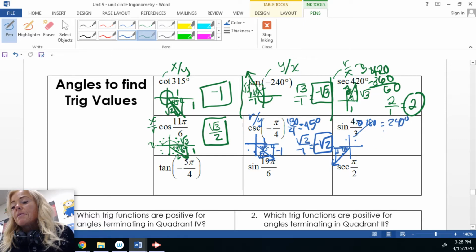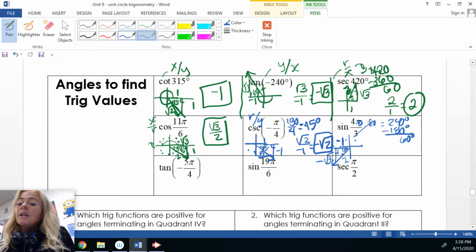And if you subtract 180, you get 60 degrees. So this is a 60 degree angle, making this 30. So across from the 30 is 1, which is negative. Across from the 60 is radical 3, which is also negative, and the hypotenuse is 2. Sine is y over r, which is negative radical 3 over 2.